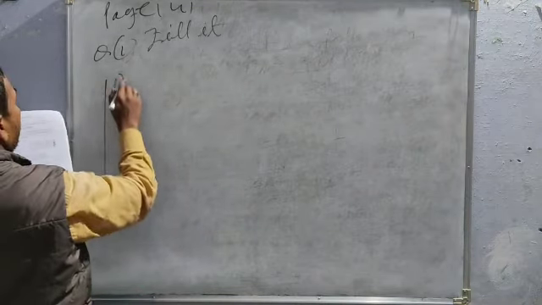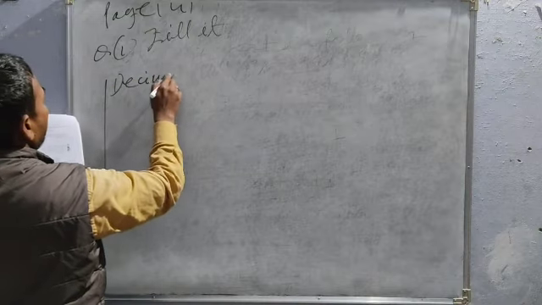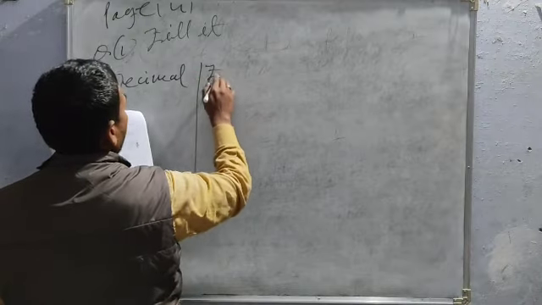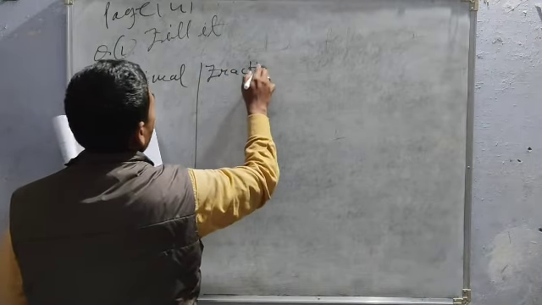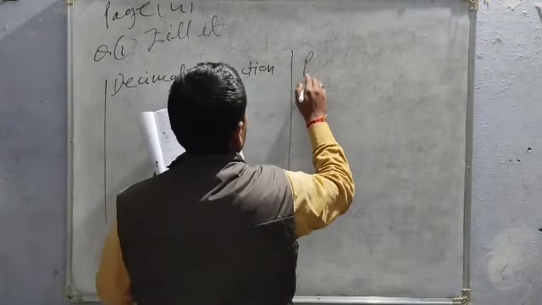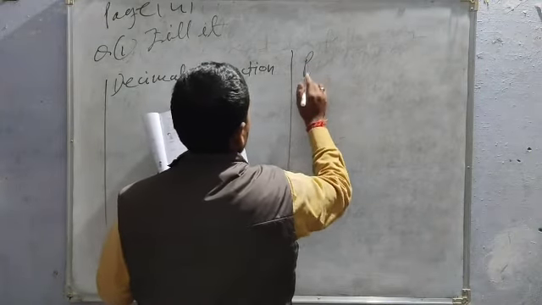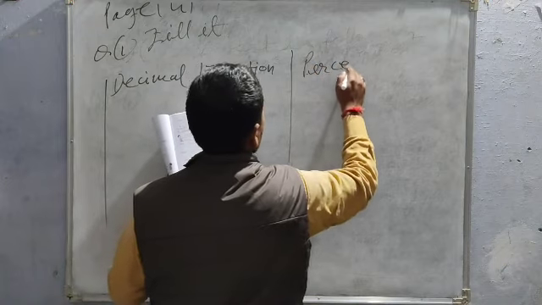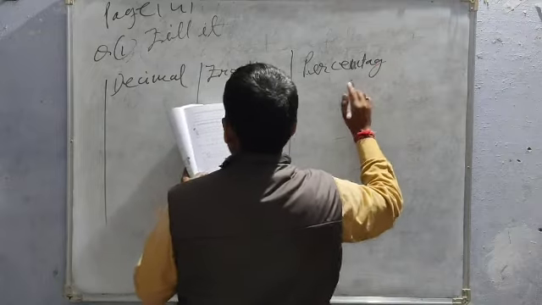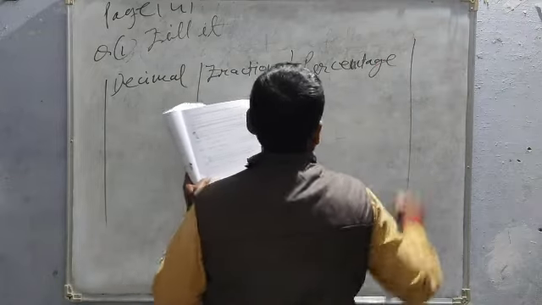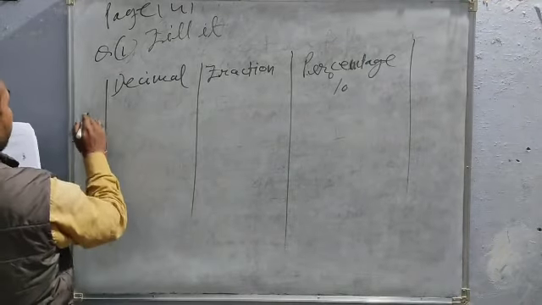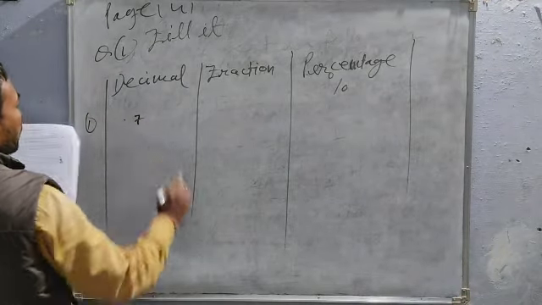In first column here decimal numbers are written, and second column we are asking convert this decimal into fraction, and third column saying convert this fraction into percentage. This is the symbol of percentage. First one here given 0.7.